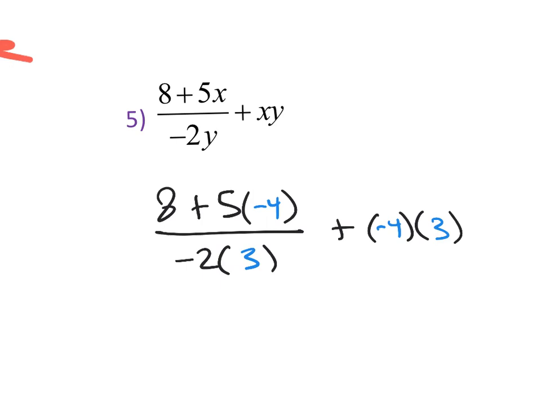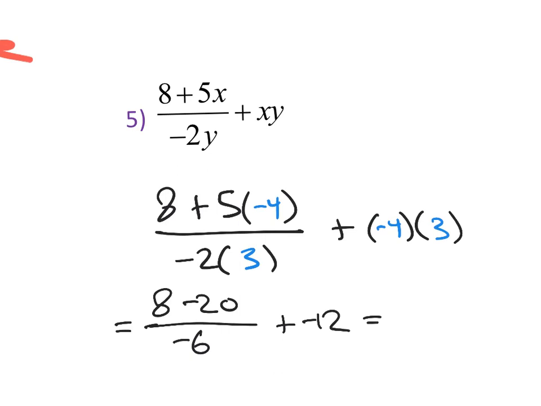Just like above, here's some more grouping. 8 plus 5 times -4. I got to do the top of that fraction first. So that's going to be 8 minus 20 on top. And the bottom, -2 times 3, is -6 plus -4 times 3 is -12. So I'm going piece by piece here. Then the top of the fraction, 8 minus 20, is -12.